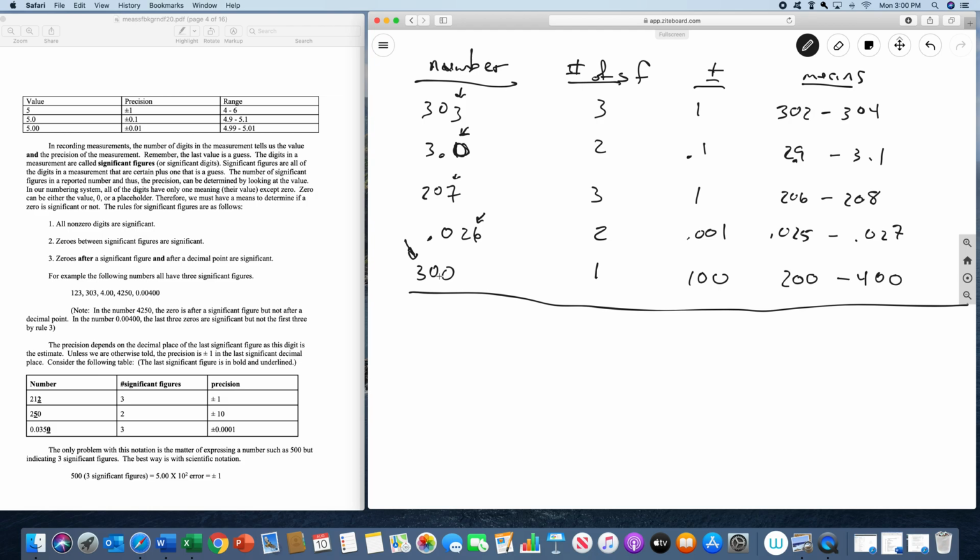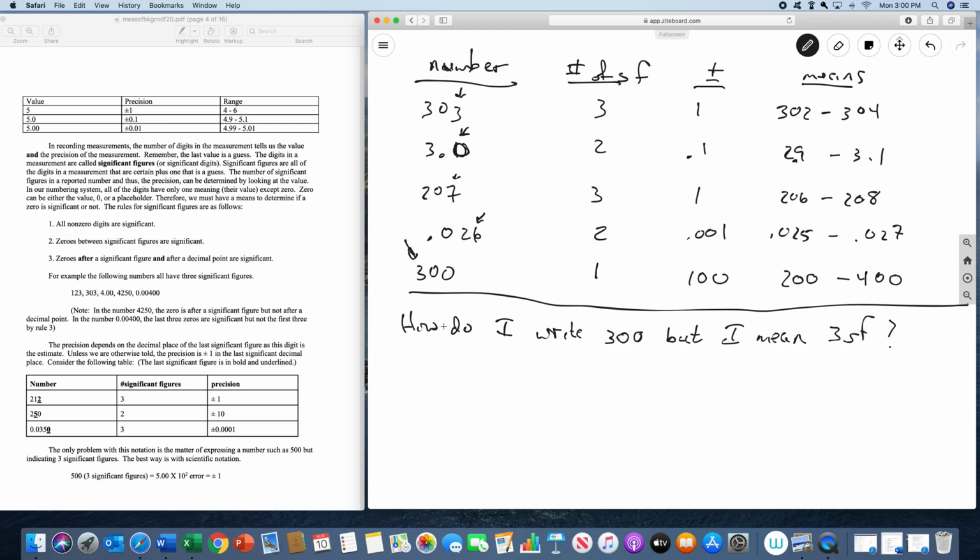Now, what if I meant these zeros are significant? How do I write 300, but I mean 3 sig figs, right?